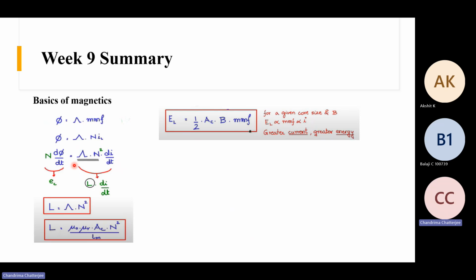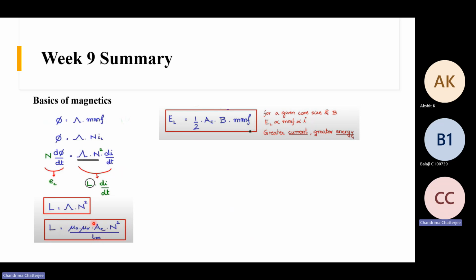We know that the voltage induced across the inductor is L di by dt, and di by dt is already there, so this quantity is the inductance. So inductance is permeance times N square, where permeance is mu 0 mu r Ac by Lm.